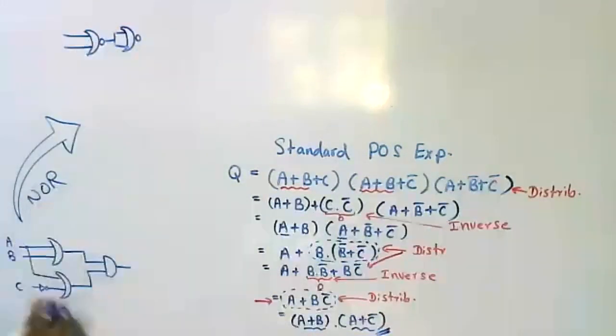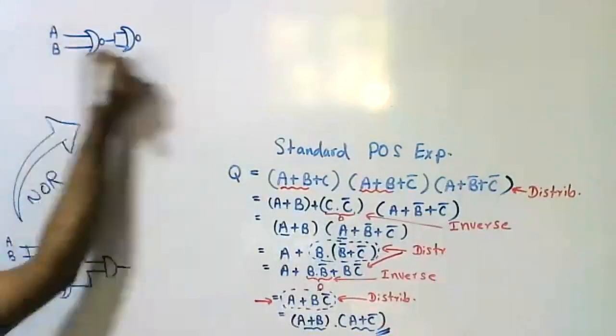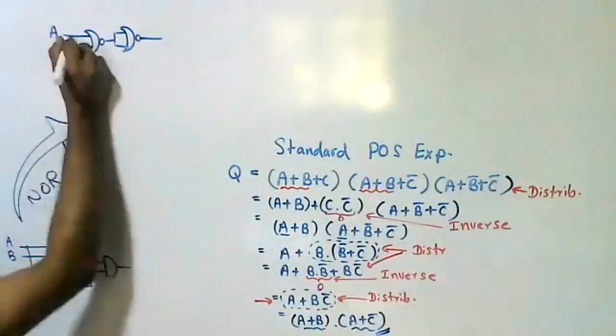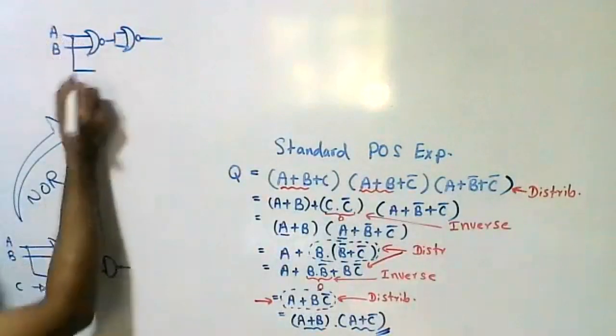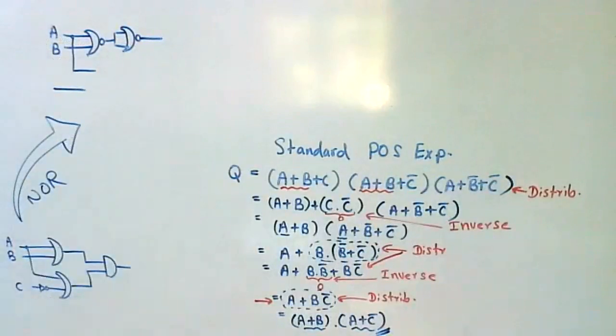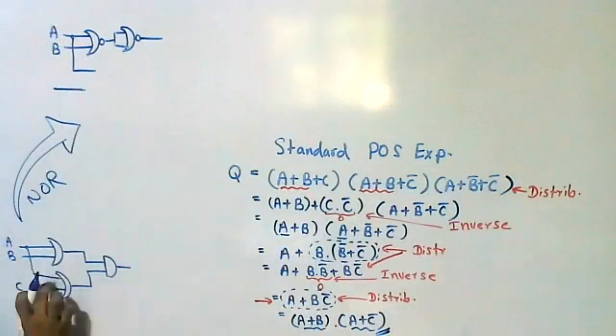Okay, likewise, we can join to have this gate. So A, B are the inputs, right? Then another NOR gate is there. Before that, a NOT gate is also there. So A comes down, and C, NOT gate. Yes, Shafia, how can we have a NOT gate using NOR gates?